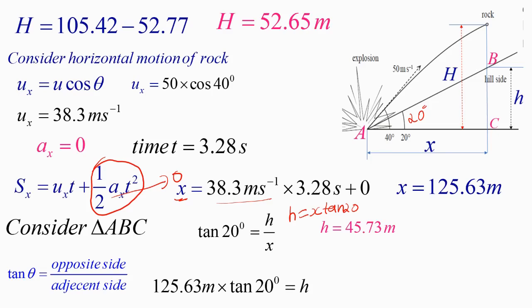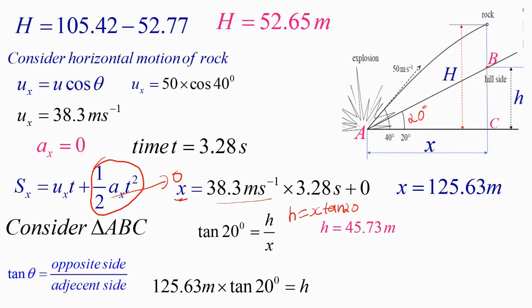Now we can compare these two values. The maximum height achieved by the rock is 52.65 meter, and the corresponding height of the hill at the same point is only 45.73.